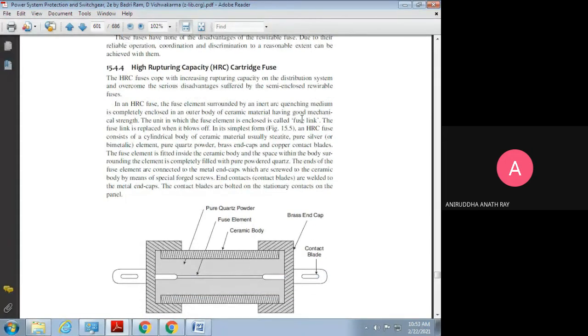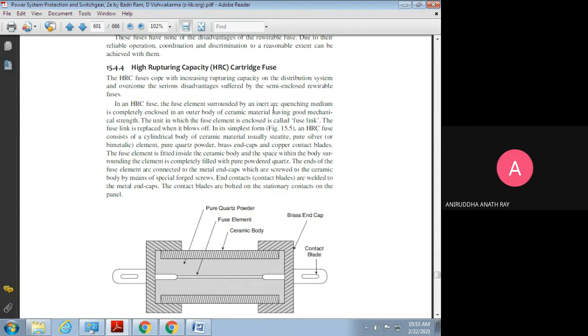Now again, this HRC fuse question has been asked for many years: explain the construction, working, and advantages of HRC fuses.